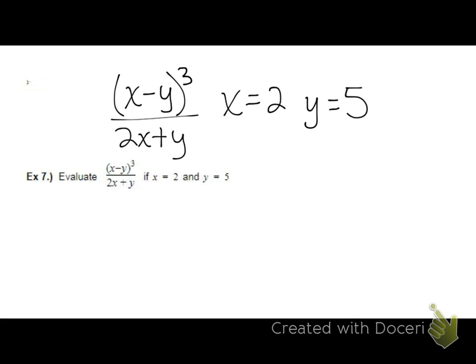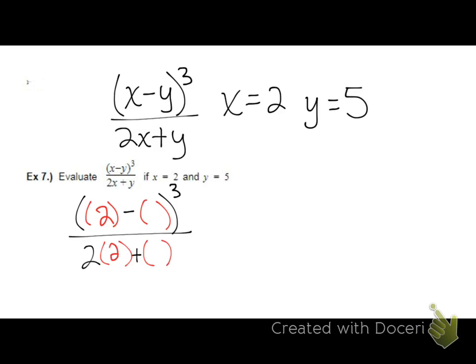The first thing we want to do, of course, is plug in. So you could go through and put your blanks for the variables. Cubed divided by 2x plus y. Okay, in the blanks where there was an x, I will instead write a, what number? 2. Instead of putting a y, I will write a 5.